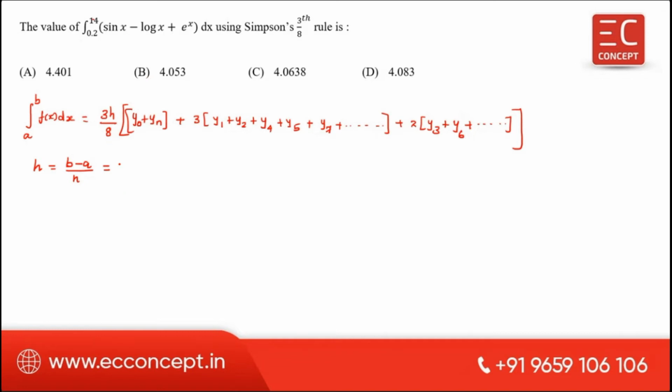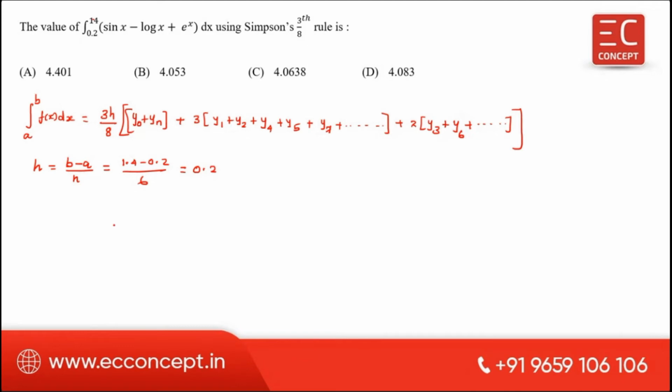So let me take my interval as (1.4 minus 0.2) divided by 6. Then the h that we get is 0.2, right? So this is the interval value.